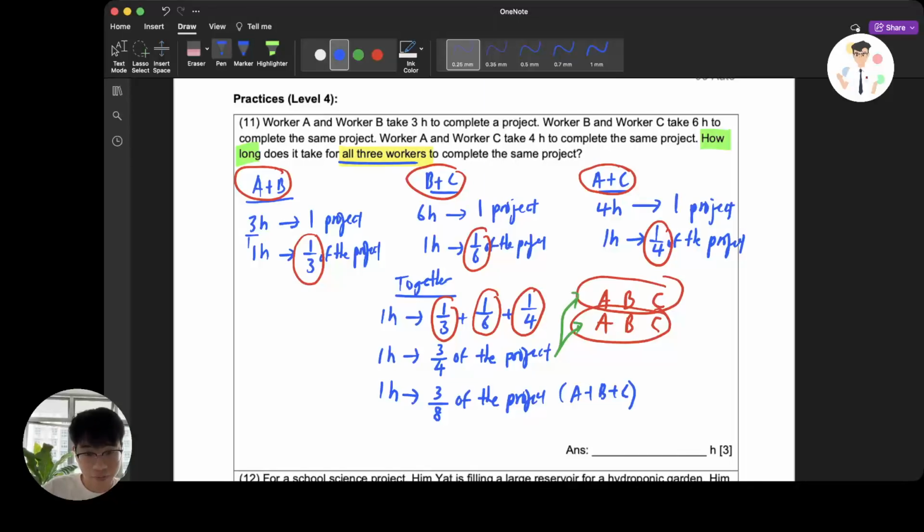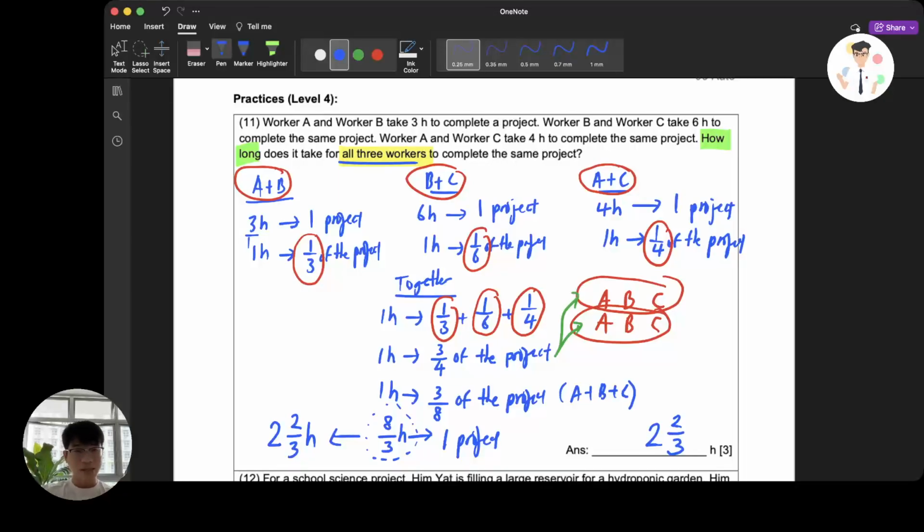That's why it's the same thing. If I want the one project, then the time I need is 8 over 3. I flip over, which is 8 out of 3 hours. And 8 out of 3 hours, if I make it into a mixed number, becomes 2 and 2 over 3. So it means that I need 2 and 2/3 hours to complete the whole one project.